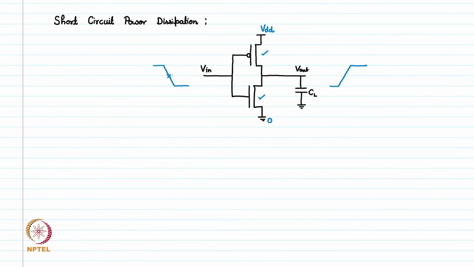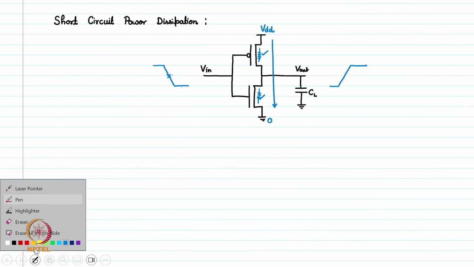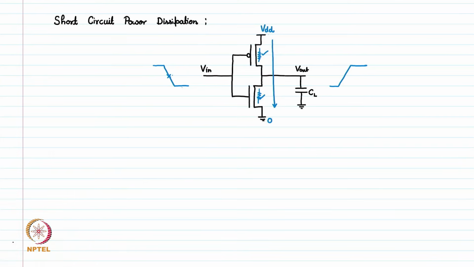During this time, we have a path from this VDD to the ground, and the current will flow from this VDD to ground through these PMOS and NMOS. Of course, they will have some resistance in between, but there will be a short circuit current flowing from VDD to 0. If we plot this current graph, it looks something like this.